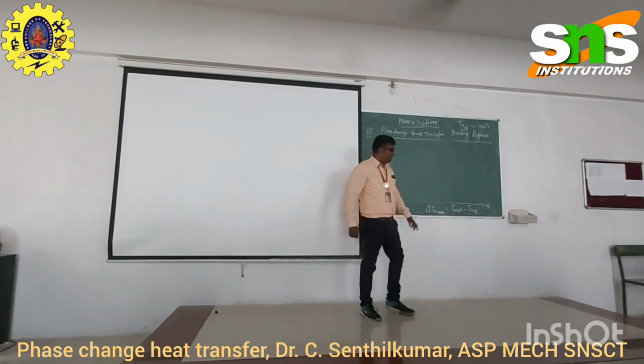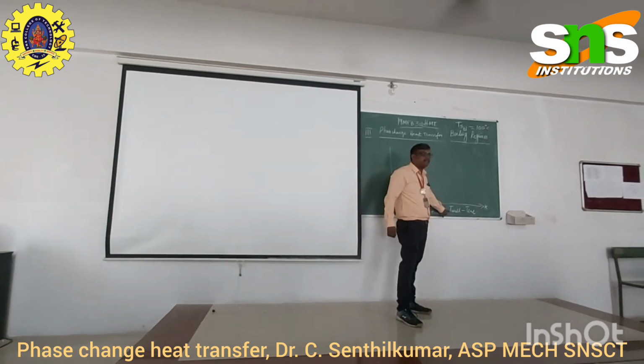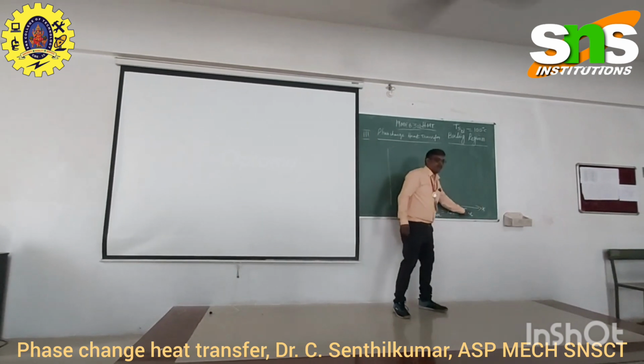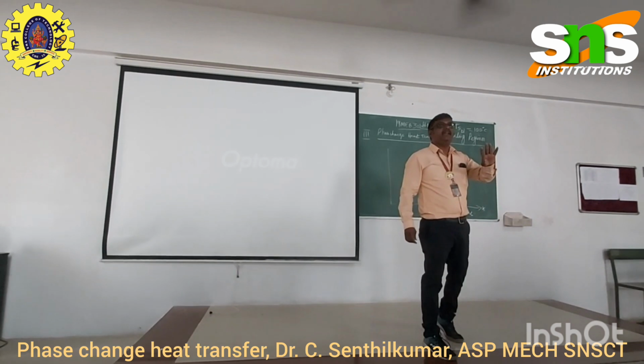Some textbooks give T_s here, which indicates the surface temperature. Since both are S, you may get confused, so I am using T wall. T wall is nothing but T surface.